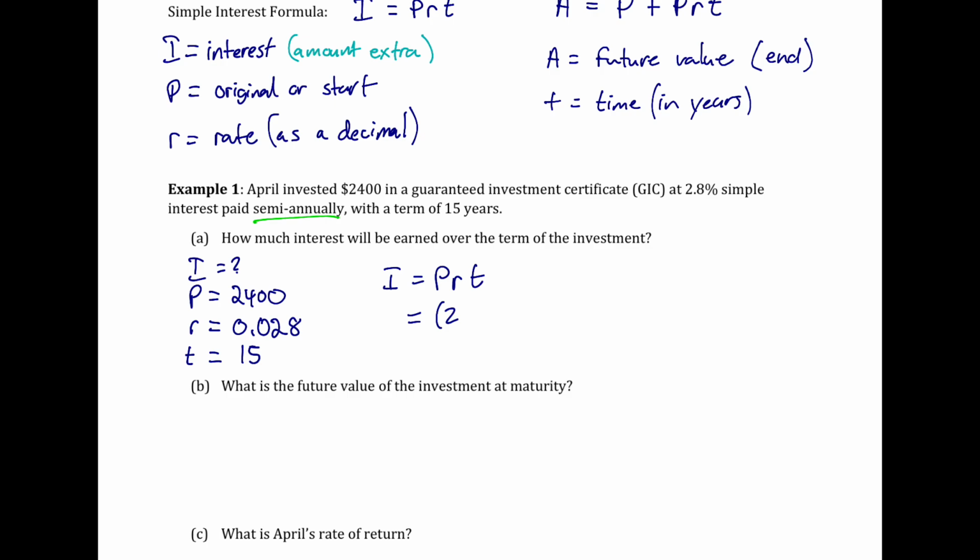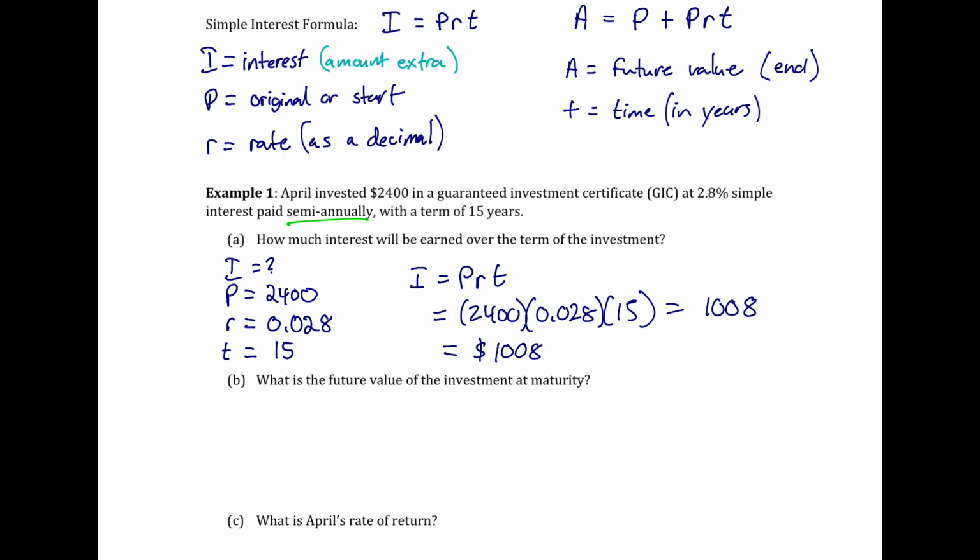Which is 2,400 times the rate, 0.028, times 15. Just blast that through the calculator, and we get 1,008. So the gain here is $1,008. That's how much extra you've gotten. So I want to add that here. That is extra, right?